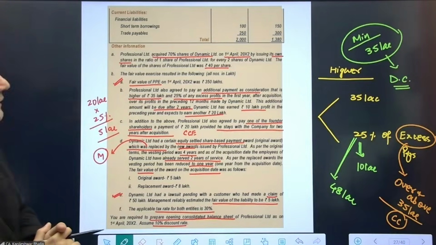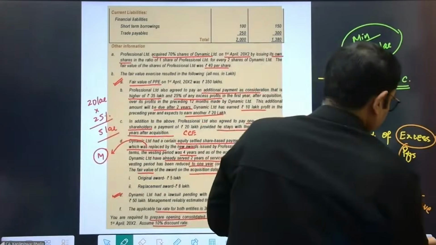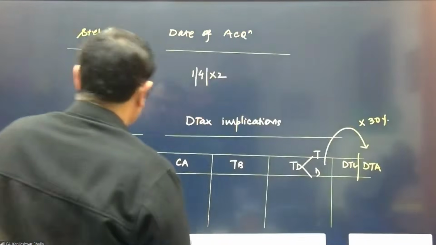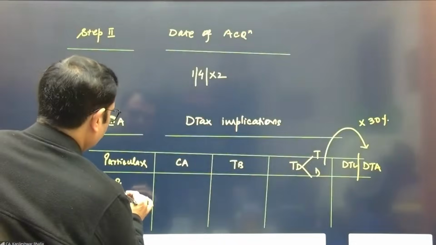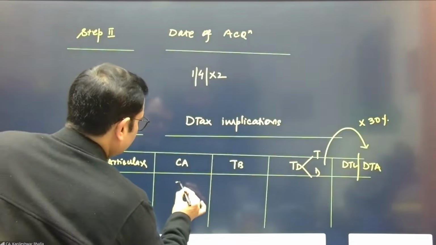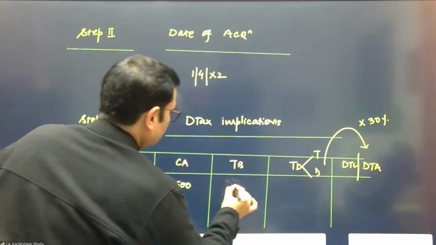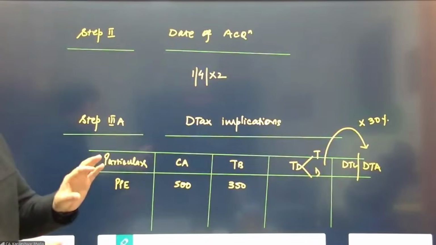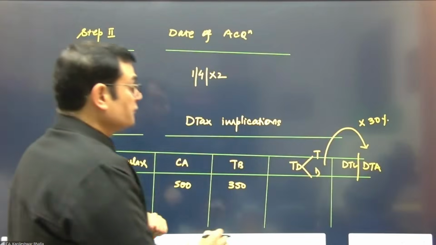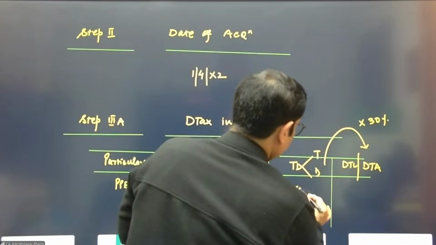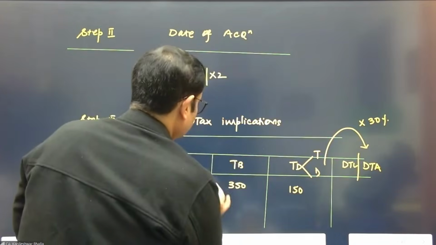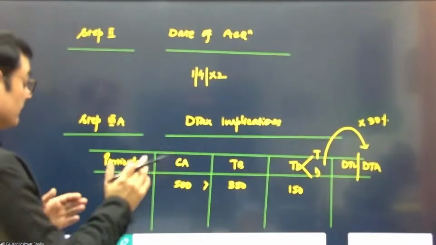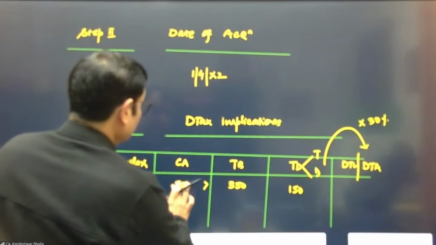So there seem to be only two items, so we can fit them. One is the property, plant and equipment, whose carrying amount is 500, but whose tax base is given as 350. So this difference of 150, is it taxable or deductible in nature? The carrying amount is greater compared to the, I think it's the other way around.